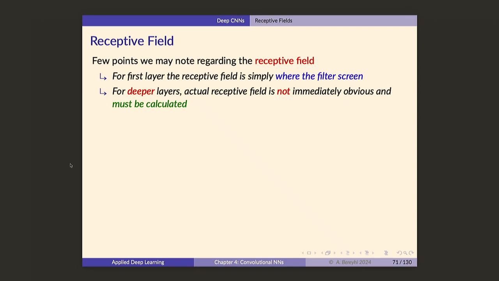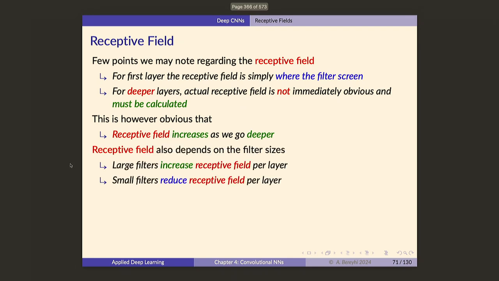So it's very well specified by your filter size. But as you go deeper inside your neural network, it's going to get harder to specify that. But you can simply say that as you go deeper, it's going to increase in size. So this is one obvious thing. And of course, the receptive fields also depend on the filter size.